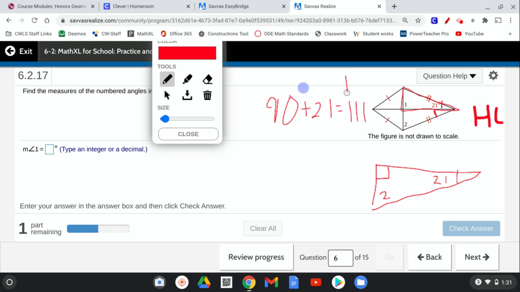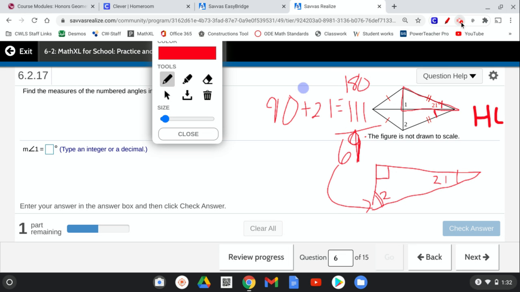All right, and then I just do 180 minus 111, which would be 69. So 69 degrees is going to be the measure of angle 2 down there. So that is how you're going to solve those problems, guys.